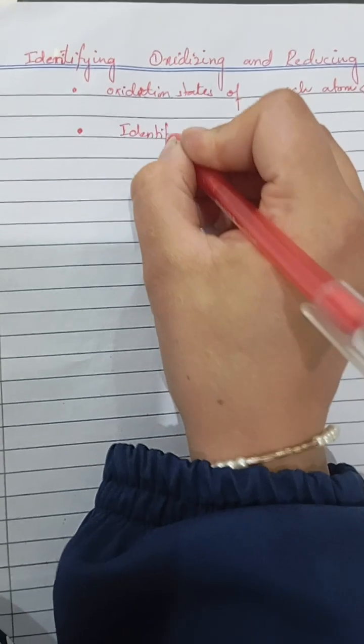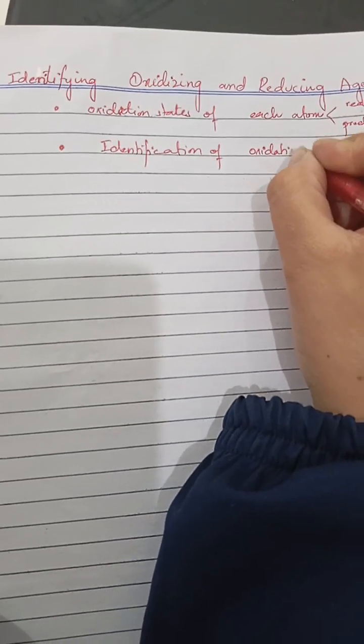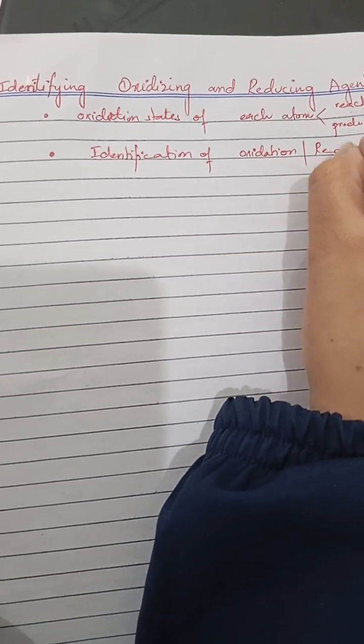The second step is the identification of where the oxidation is taking place and where the reduction is taking place.